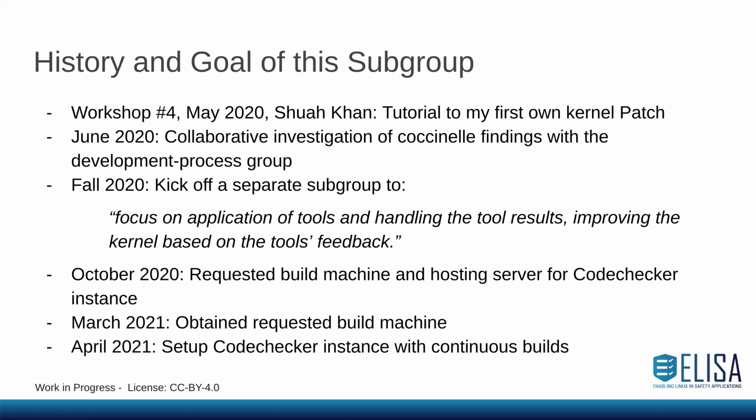There were some further investigations in June on Coccinelle findings. So Coccinelle is a static analysis tool that's used in the kernel development, and that was quite interesting in that we found some potential bugs, and that we basically identified what the tools can do and what kind of false positives we encounter.